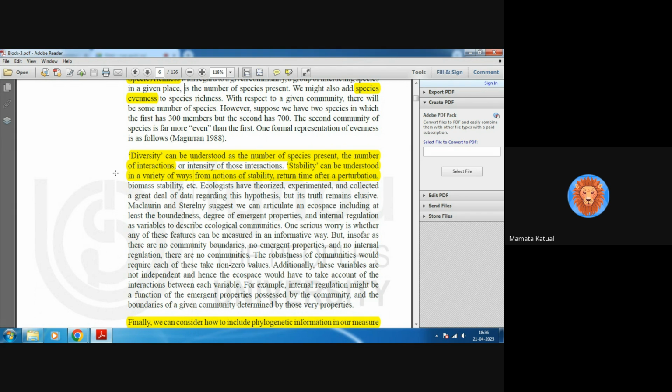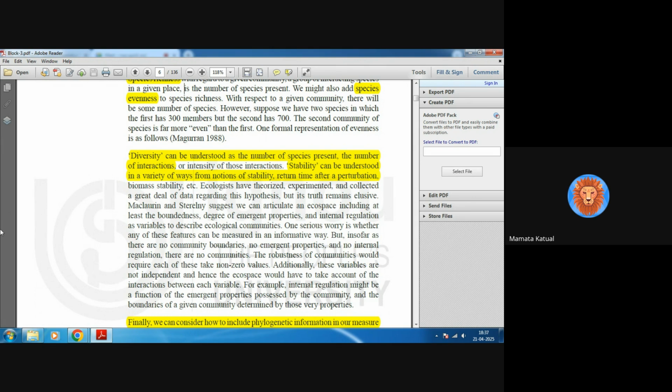This can be understood in a variety of ways, from notions of stability, such as return time after a perturbation. So when there is species richness and species evenness, then the ecosystem will be stable.